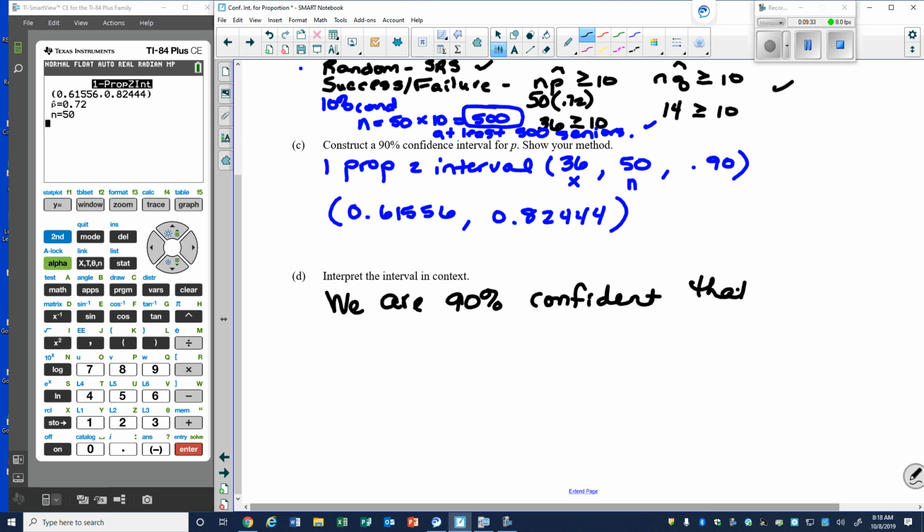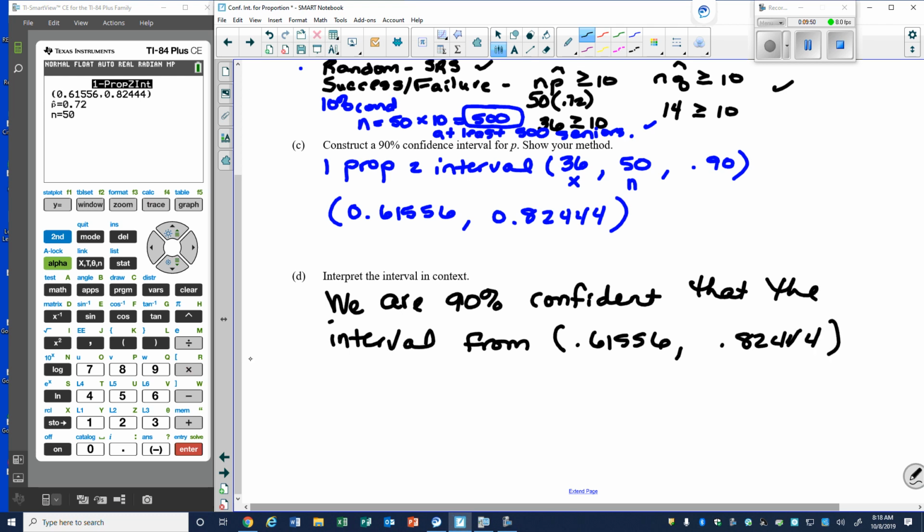That the interval from, and then just copy the interval you got, 0.61556 up to 0.82444, captures the true, and then you're going to state whatever your population parameter was.